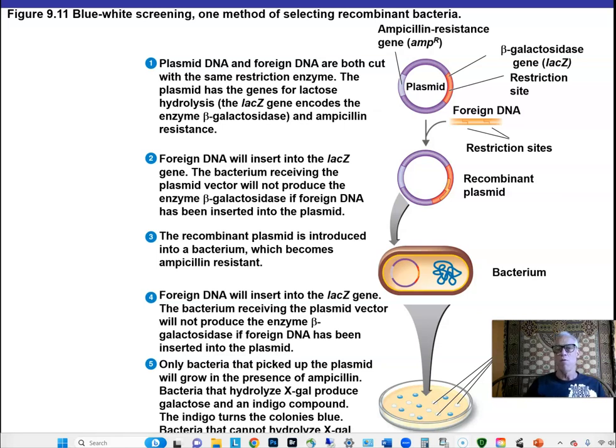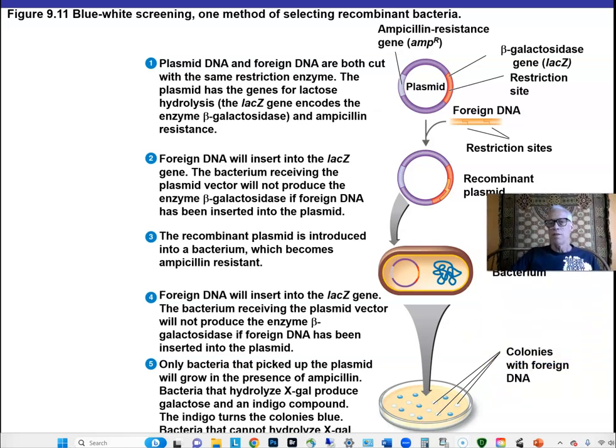So we're going to have another way to narrow down even further, not just colonies that can grow on ampicillin, colonies that contain our gene of interest or contain a gene. And so this particular technology involves using beta-galactosidase gene for selection.